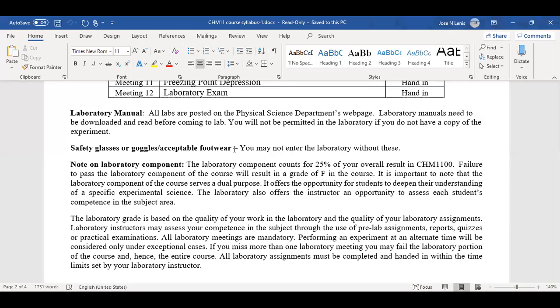So take that into consideration every time you watch a video. You will see Professor Alex there doing the demonstrations, and I've been in a couple of those labs, and you will see how we use the PPE during the lab.